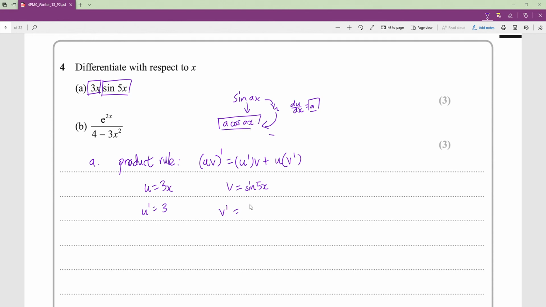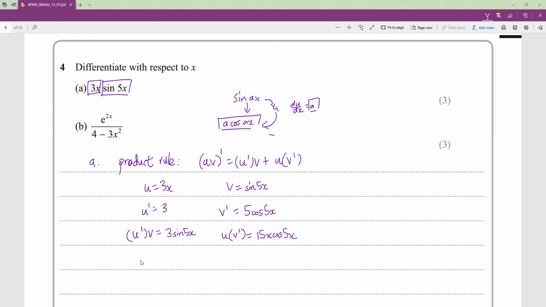So sine 5x differentiates to 5 cos 5x. Now what do we do? u prime v is equal to 3 sine 5x, and uv prime is equal to 3x times 5 is 15x cos 5x.